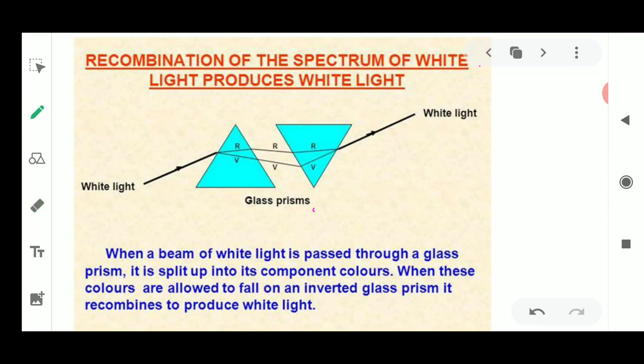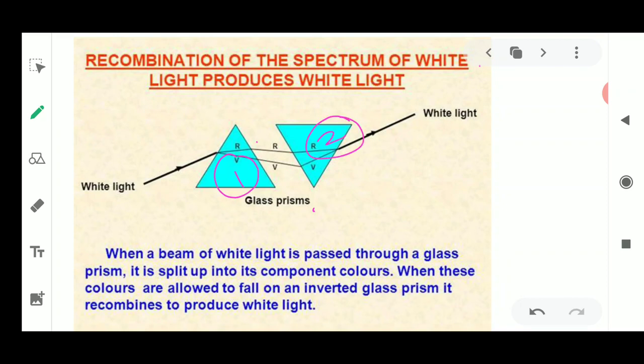So the spectrum consists of red to violet colors, and these colors are combined with the help of another prism, kept upside down, inverted in front of the first one. This is prism number 1, this is prism number 2.